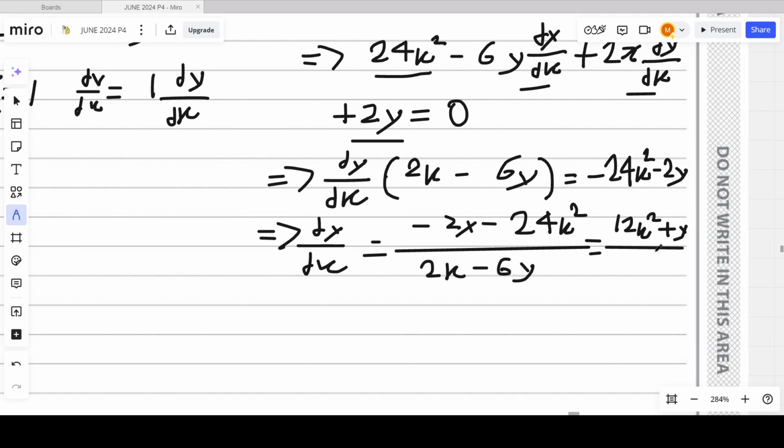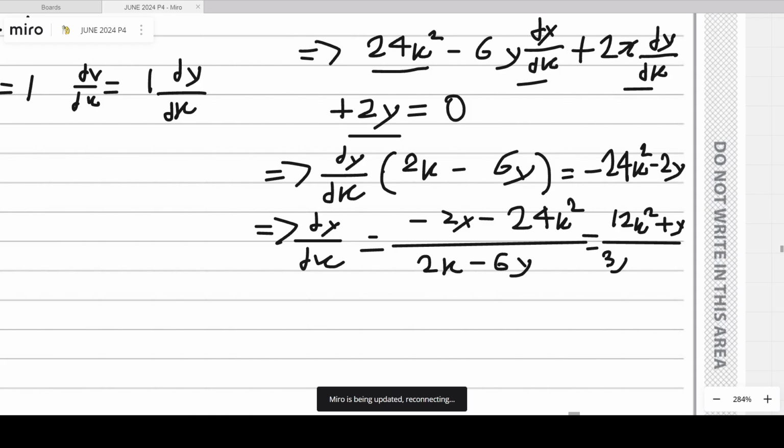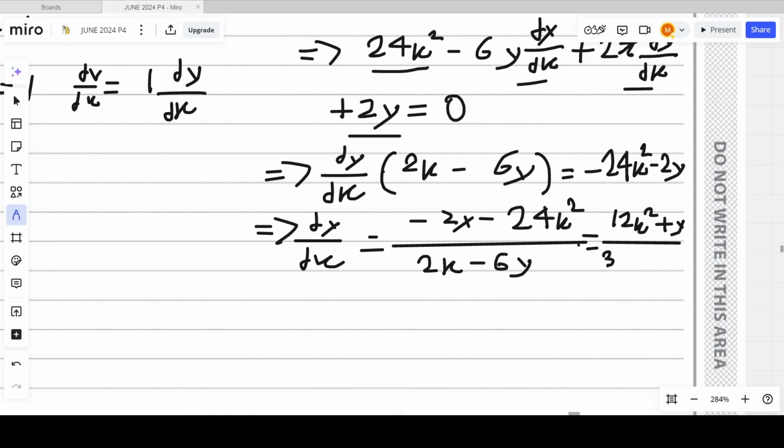On the denominator, negative 6y divided by negative 2 is 3y, and 2x divided by negative 2 is negative x.